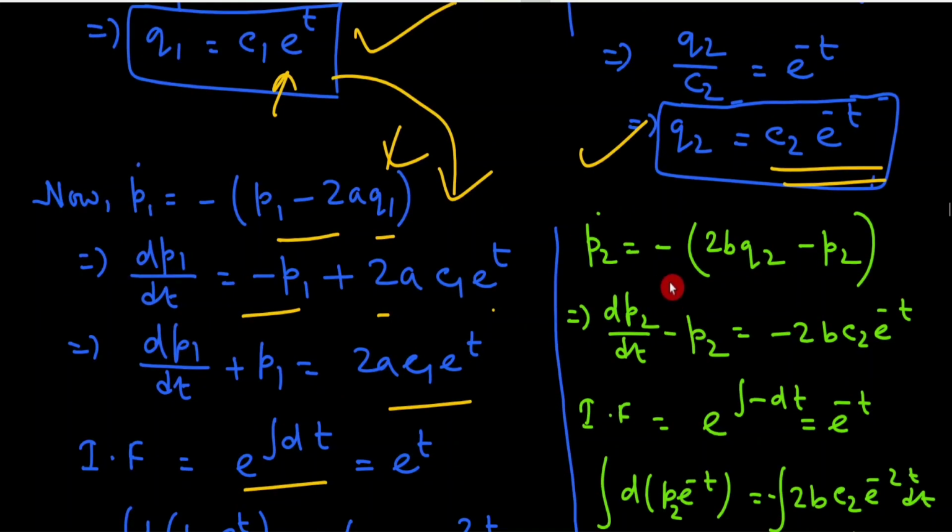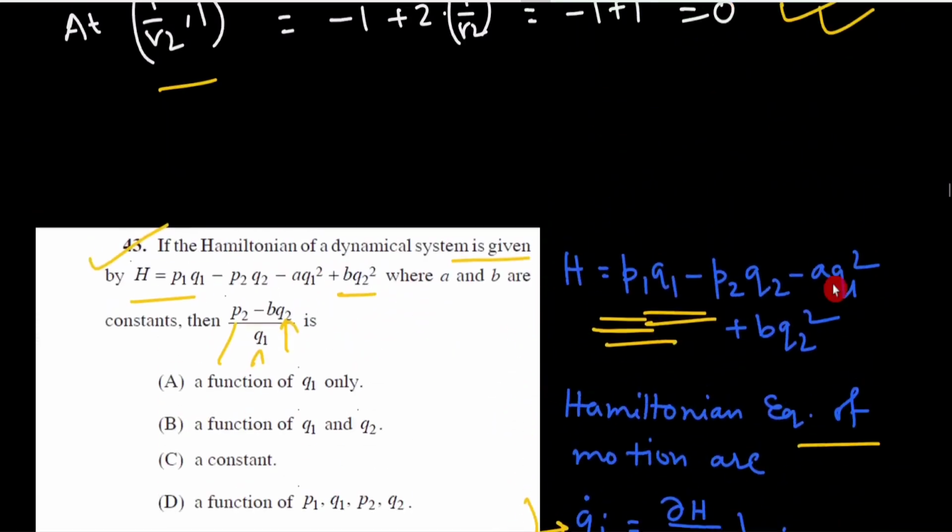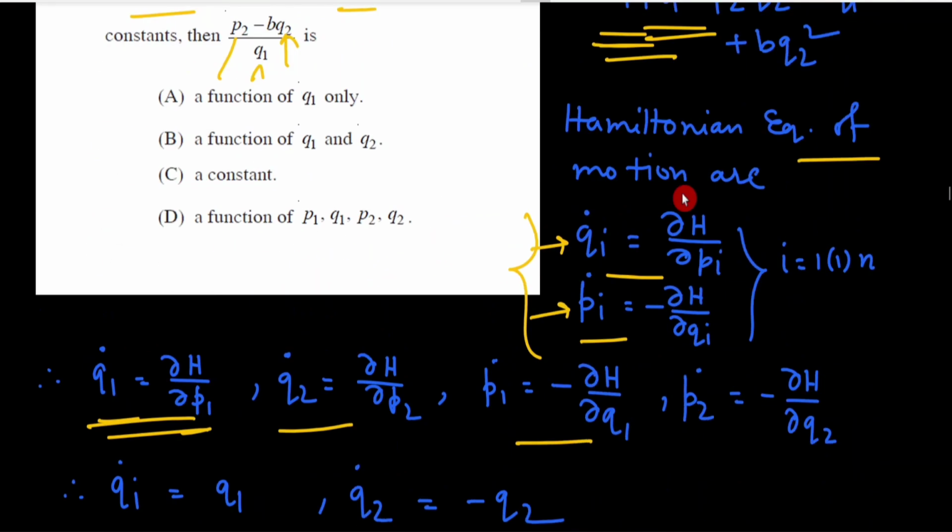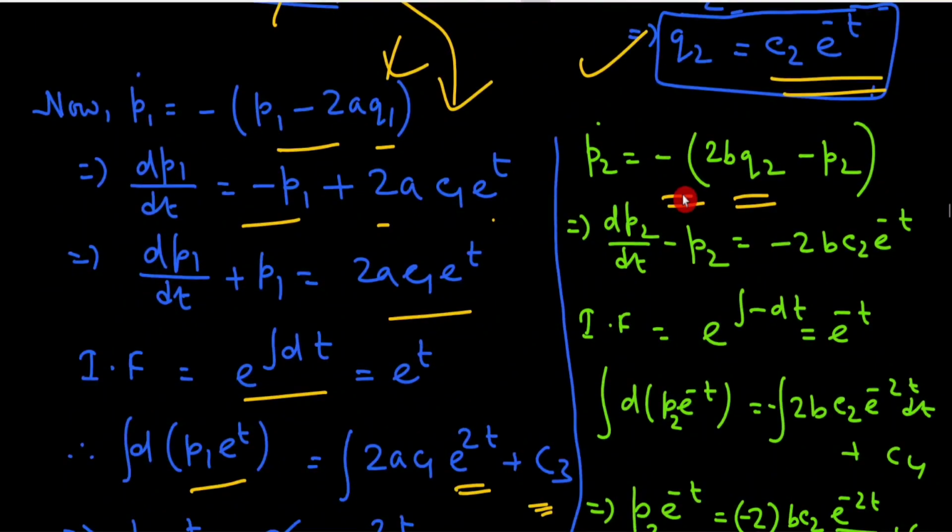Since in the question we have to find the value of p2, q2 and q1. So p2 dot equal to minus del H by del q2, and del H by del q2 is equal to 2b q2 minus p2 from this given H we have. So this is equal to dp2 by dt plus p2, and this is equal to 2b c2 e to the power minus t.